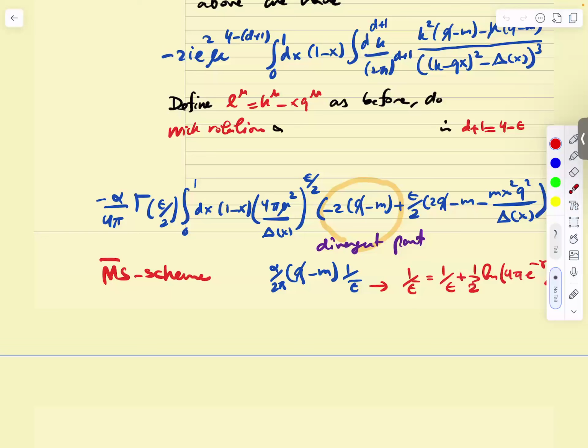This scheme is a regularization scheme called the MS bar scheme. What it does for you is the following. In renormalization, you saw that when we do the subtraction, this term just drops off, and you end up with only this ln of mu squared over delta. When you do the MS bar scheme, without even doing the subtraction, you identify the crucial bits. That's just a convention.